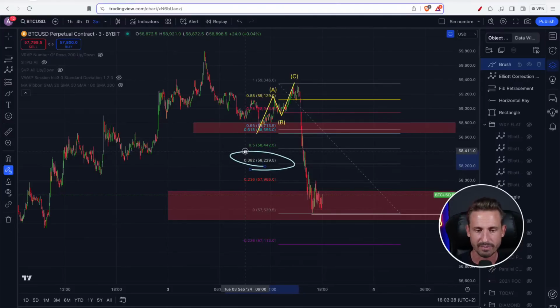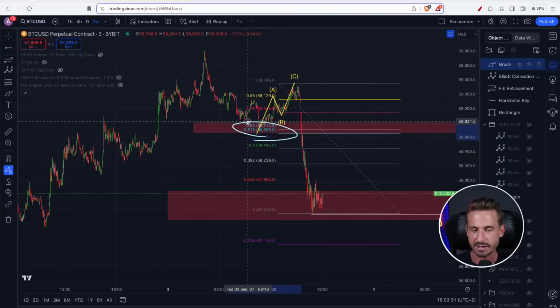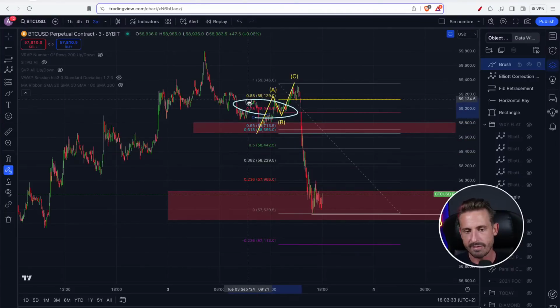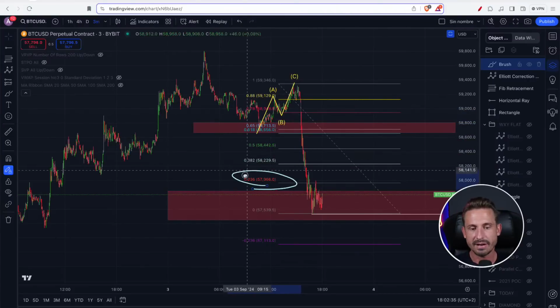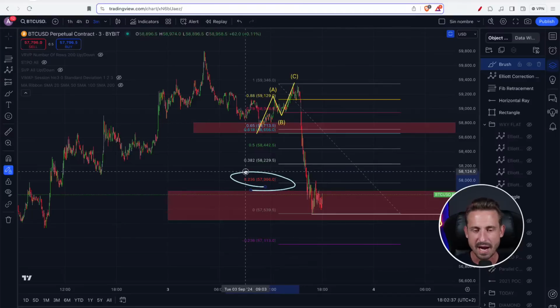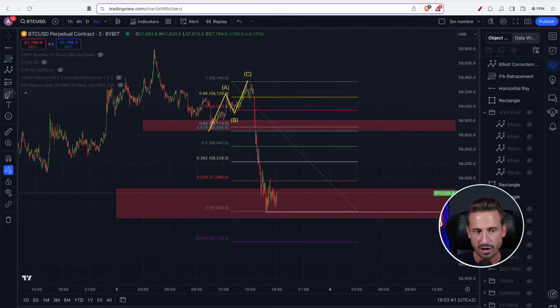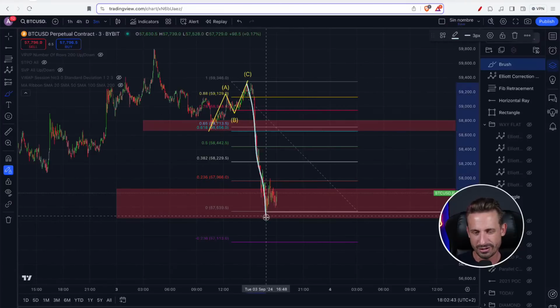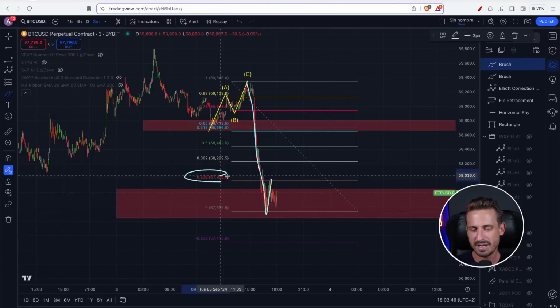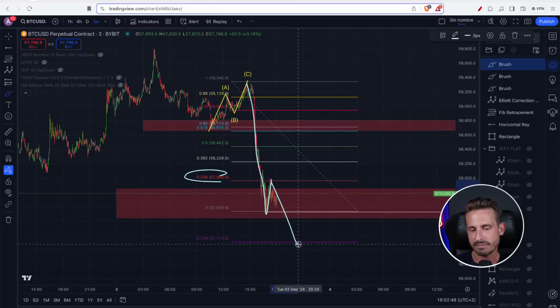The three most important fib levels are 382, 50%, and 618. Then, of course, you got 78 as an extension, and the 236 being a very shallow pullback. So preferably, you don't want to see, after such a large move down, just a retracement to the 236 and then down in a big wave. I don't think so.